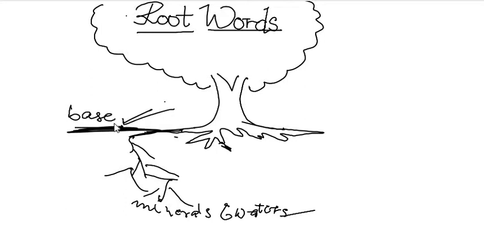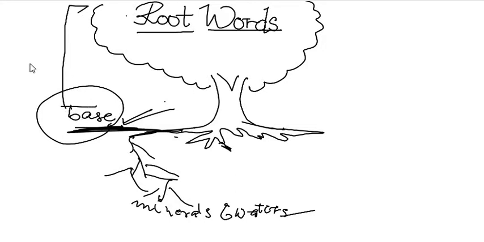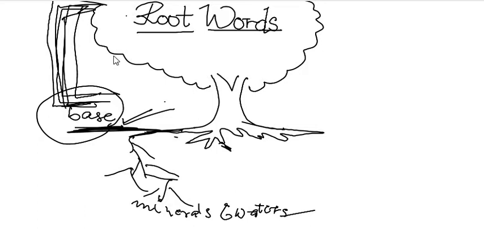This base helps the overall structure of the tree to have strength. It's like their health, and it bears leaves and fruits. In the same way, root words are also there. Root words are base words.